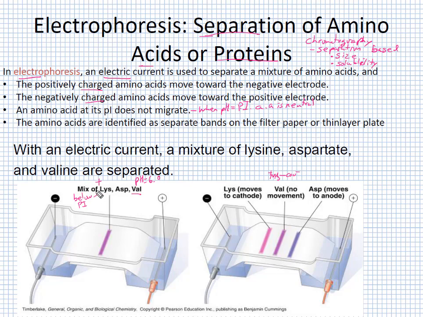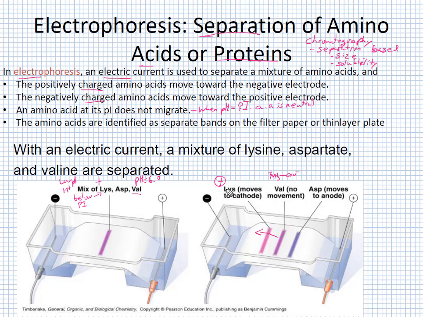So how do you get to a low pH? You add acid, which has a positive charge. So the lysine will be positively charged, and that means it's going to be drawn towards the negative electrode. The lysine is positively charged and moves in the direction of the negative charge.